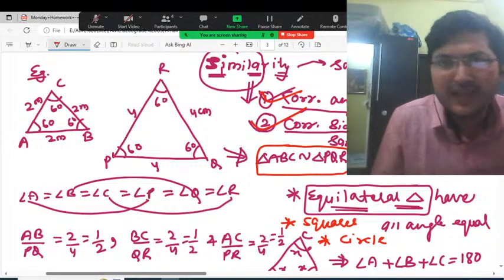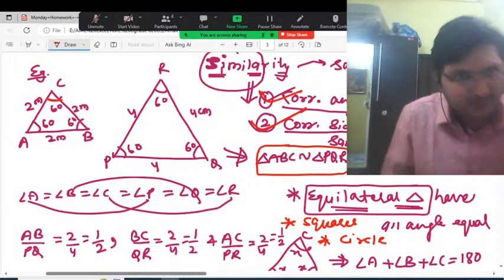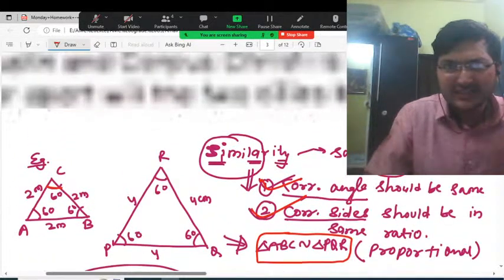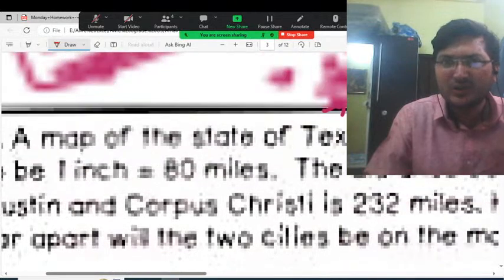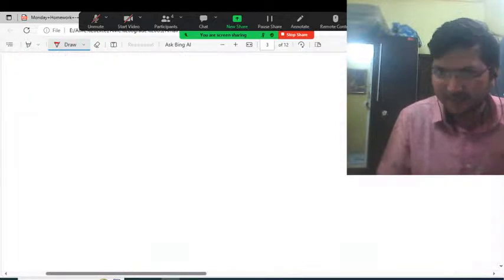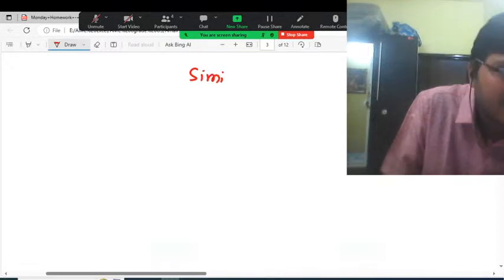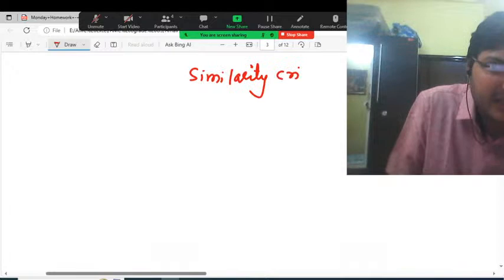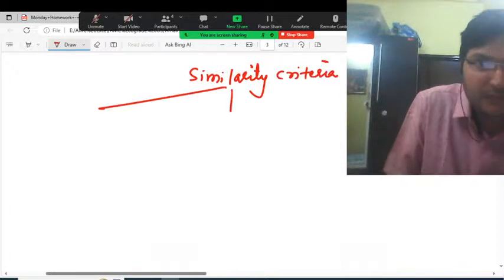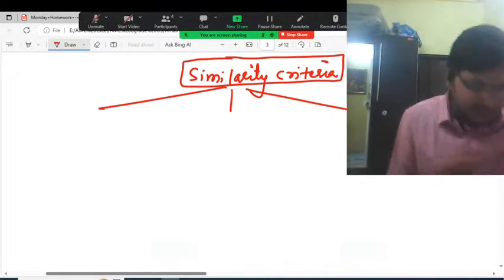Now, do we need to figure out all these angles equal every time, all these sides proportional every time? The answer to this question is that we do not need to conclude about all 6 dimensions every time. Why? Because we have some similarity criteria, and if we prove them following that similarity criteria, we can call them similar.